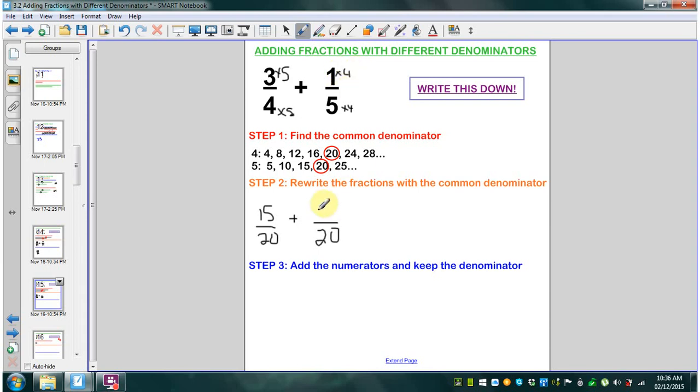And 1 times 4 is 4. Now we're ready to add because we have the same number on the bottom here. So we add the top, keep the bottom. Add the top, 15 plus 4 is 19. And we keep the bottom, 20. Check and see if it can be simplified. No, it cannot. So that is our final answer. Okay, make sure you have that example written down before you move on.